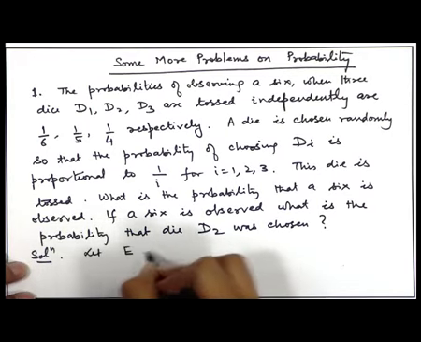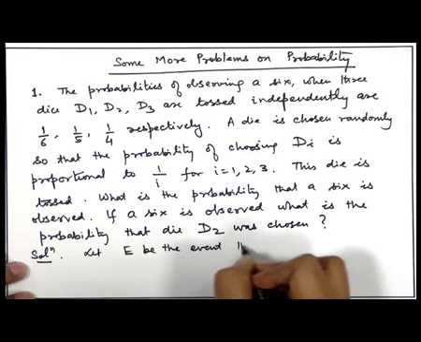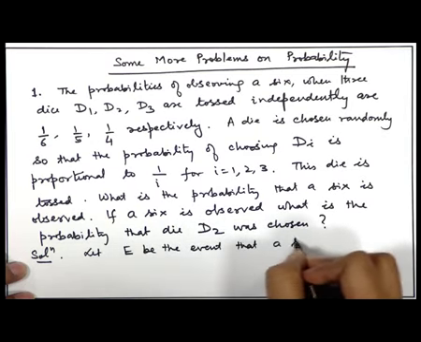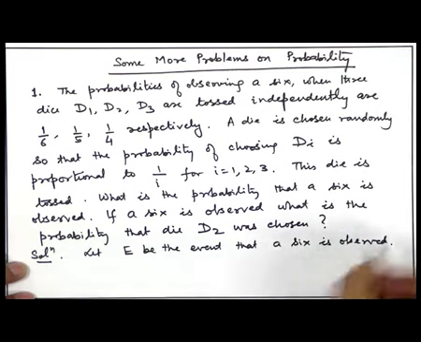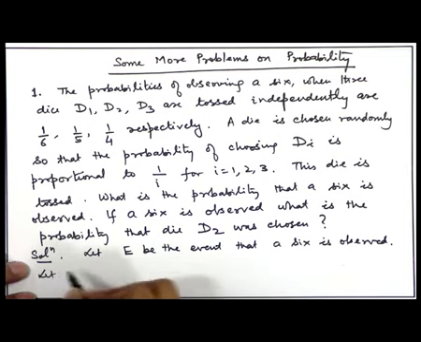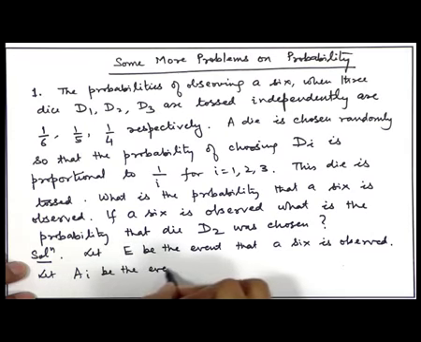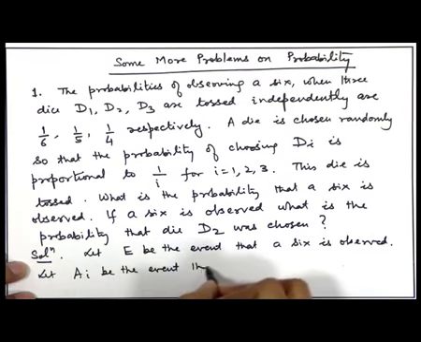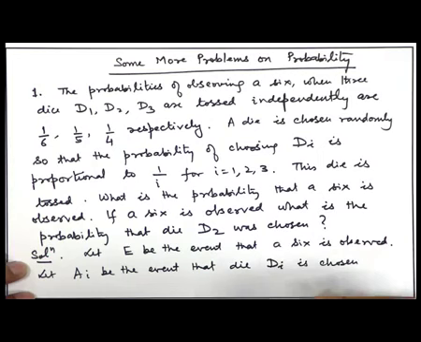Let E denote the event that a 6 is observed, and let Ai be the event that die Di is chosen for I is equal to 1 to 3.